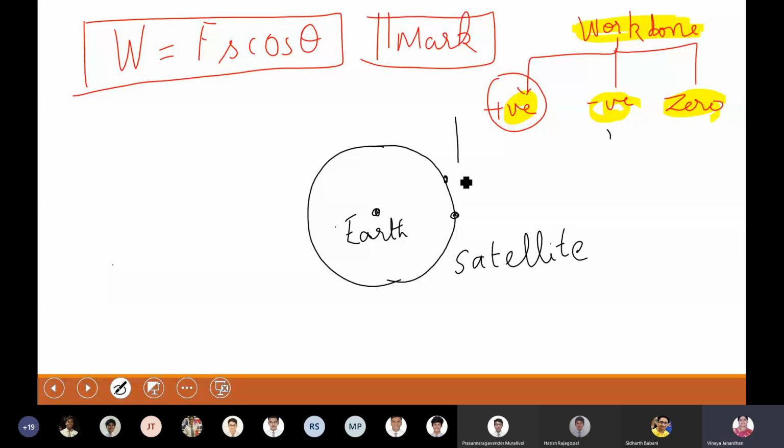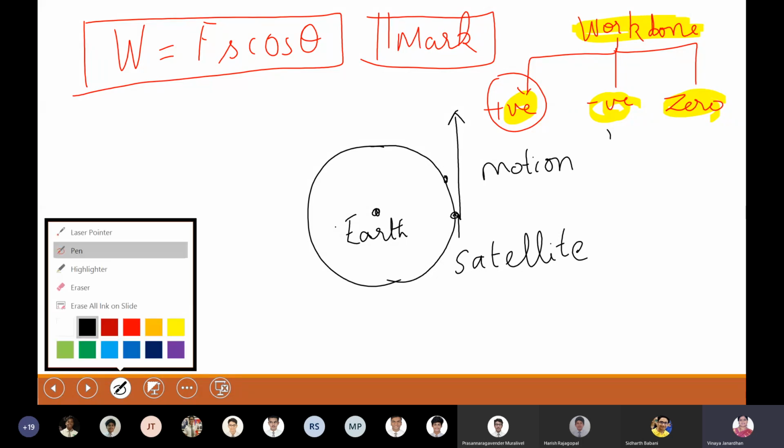Now this will be the direction of motion, I can say, it's not the displacement. It will be the direction of motion of the satellite. Whenever a body moves in a circular path, at every point the body wants to fly away. So the direction of motion is always tangential to the path.